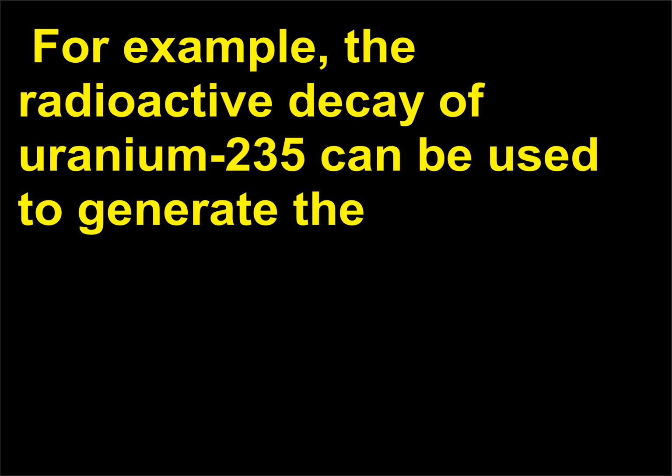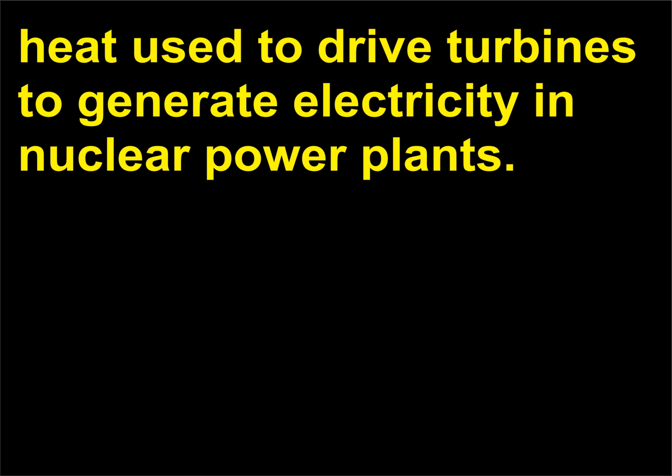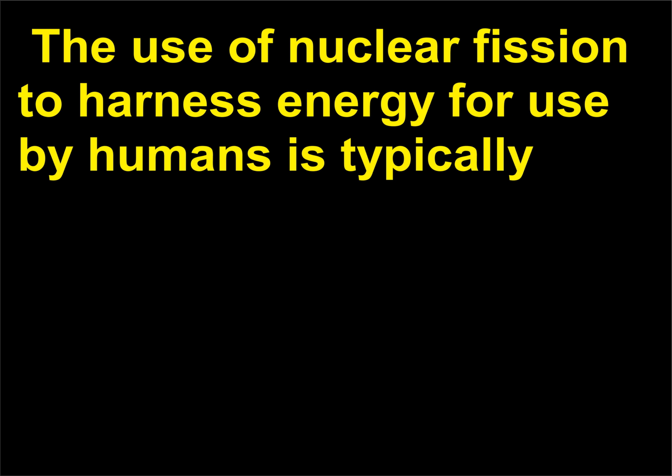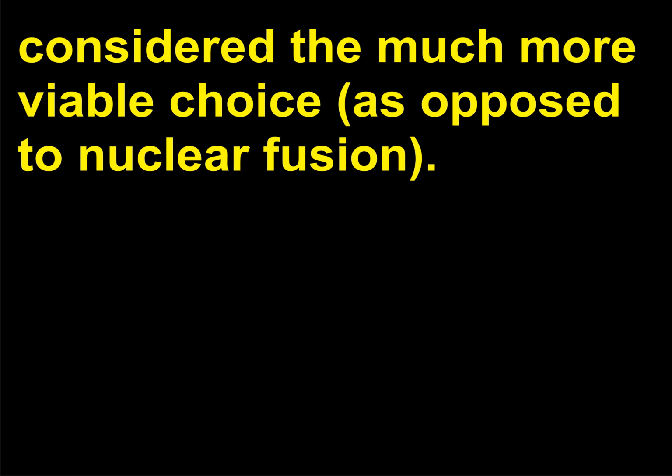For example, the radioactive decay of uranium-235 can be used to generate the heat used to drive turbines to generate electricity in nuclear power plants. The use of nuclear fission to harness energy for use by humans is typically considered the much more viable choice, as opposed to nuclear fusion.